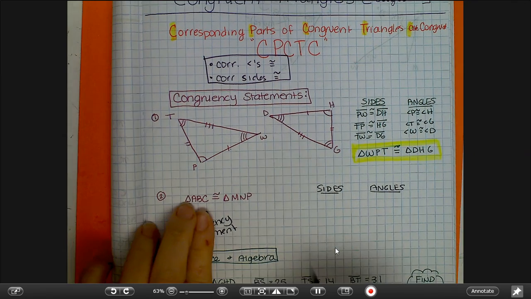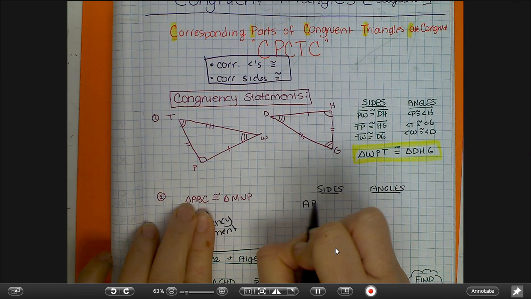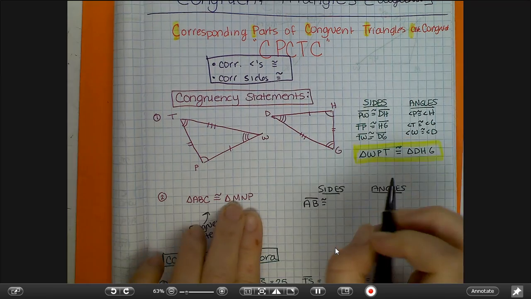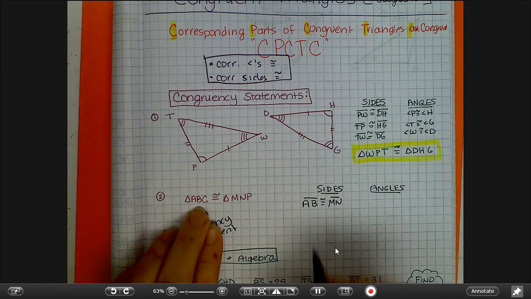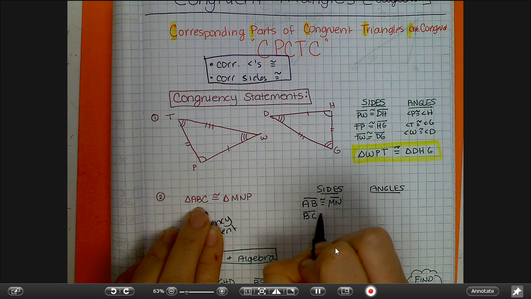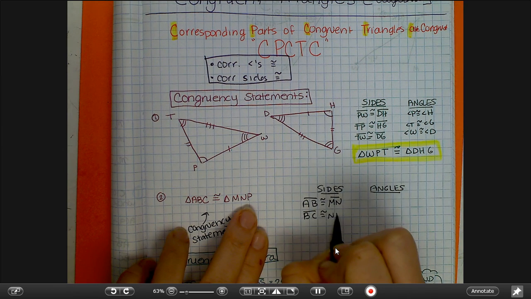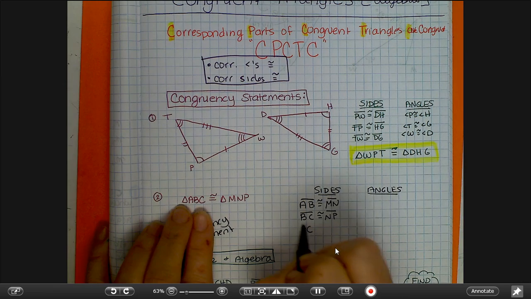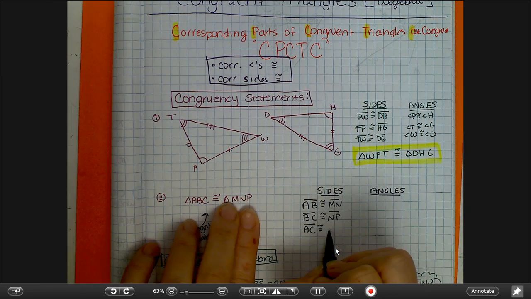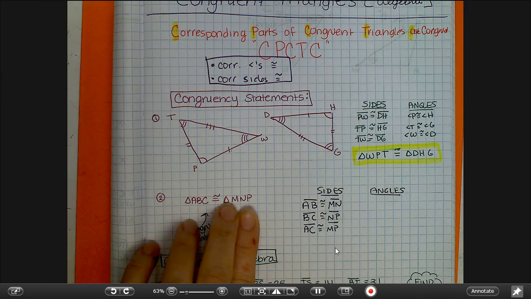Sides that are congruent: AB, the first two letters, would be congruent to MN, the first two letters. It just goes in order. BC is congruent to NP. And AC, first and last letter, are congruent to MP, first and last letter.